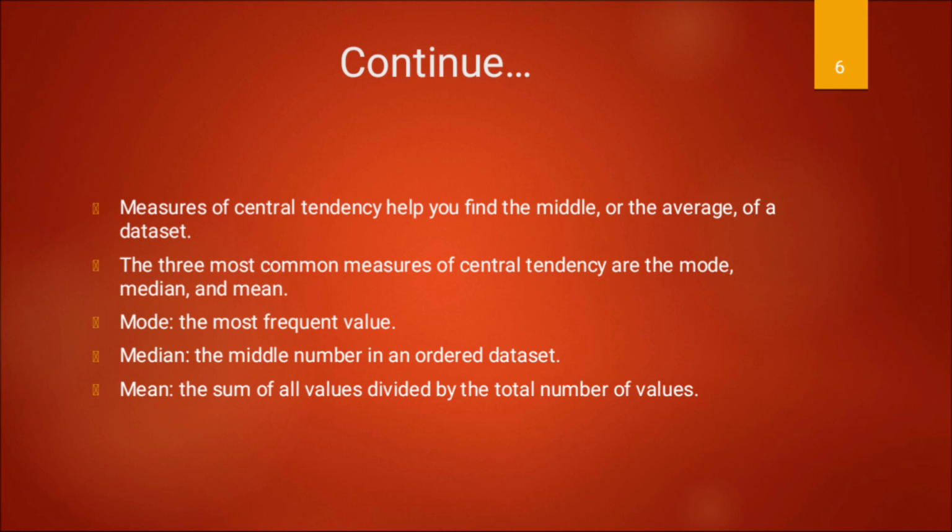Median is the middle value when we have different data values. And the last one is mean: after adding the values, divided by the total number of observations, is called mean.